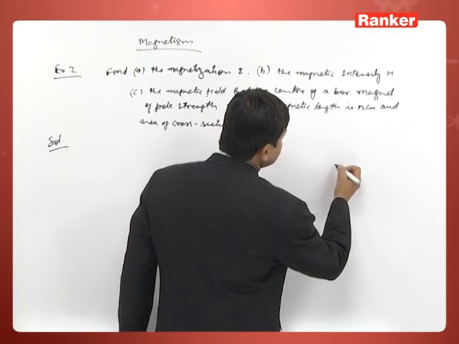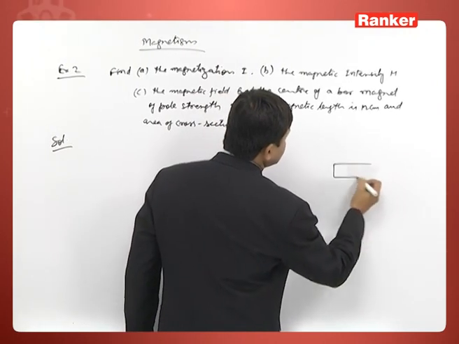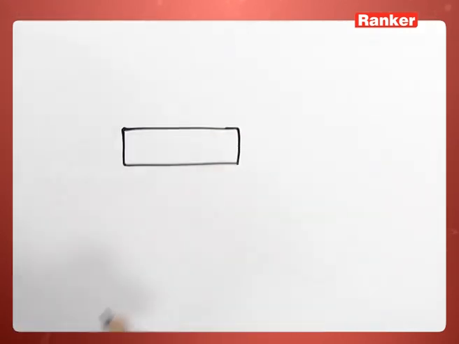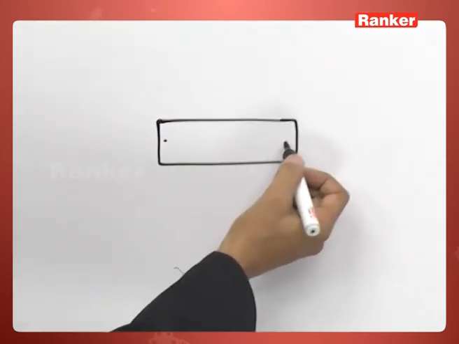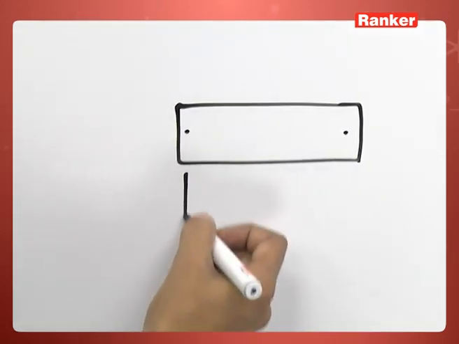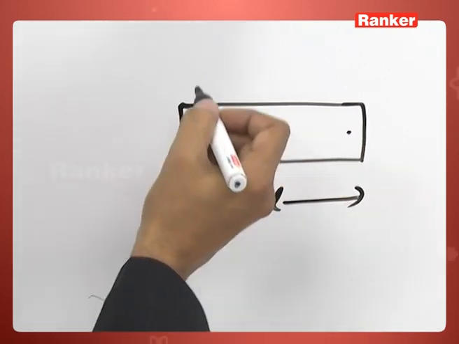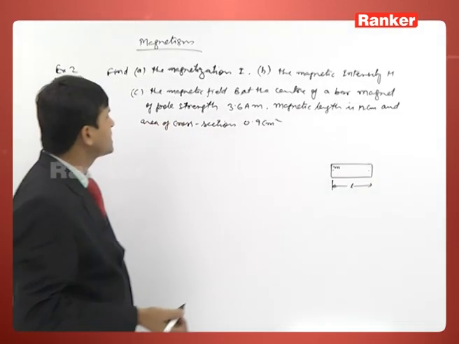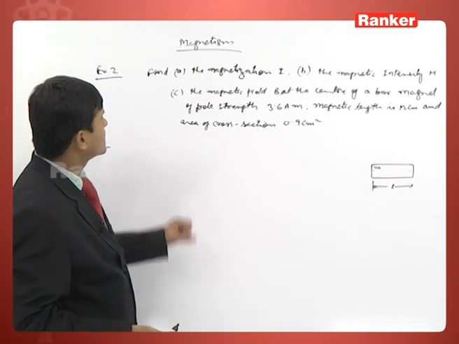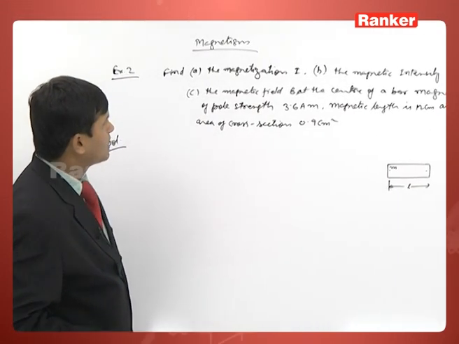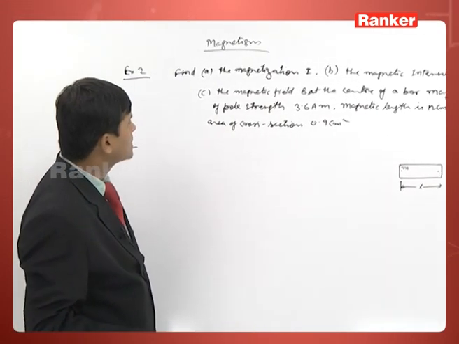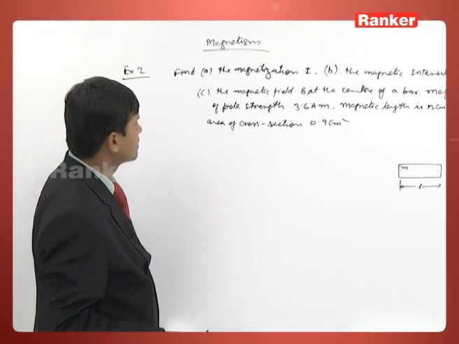Meaning of that, let this be your magnet and poles are at the ends and this is the total length given, pole strength M. So first thing they are asking is the magnetization I and magnetic intensity H, all these values they are asking at the center of this.